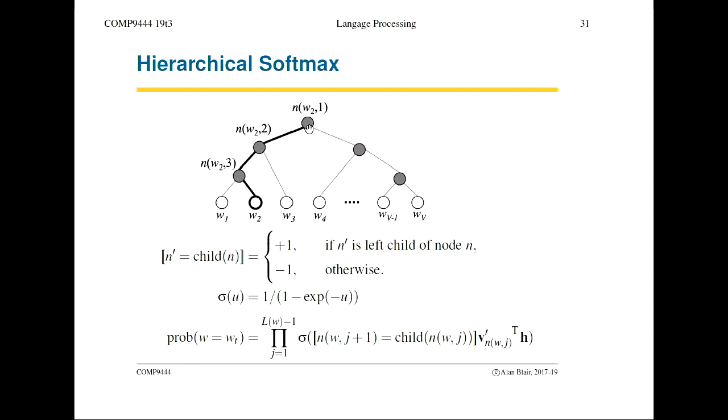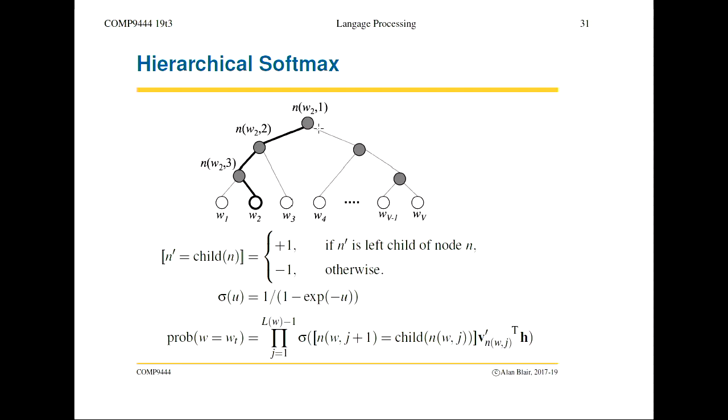in stages. It first tries to predict, well, what's the probability that the word is in this half compared to that half? And then once you get to here, it tries to say, well, what's the probability that it's among these words or these words? So at each branch point, you have a probability that divides the nodes into two groups, and you have to calculate the probability of the word occurring in one group or the other.